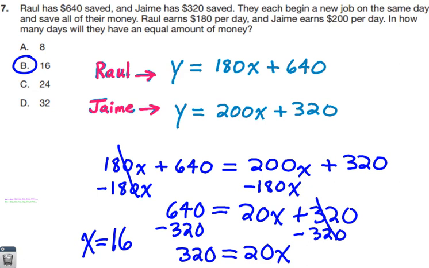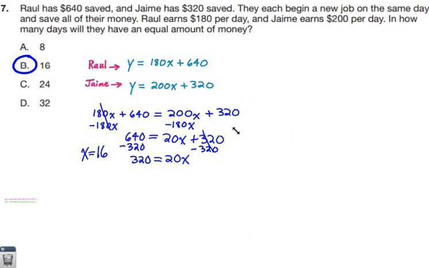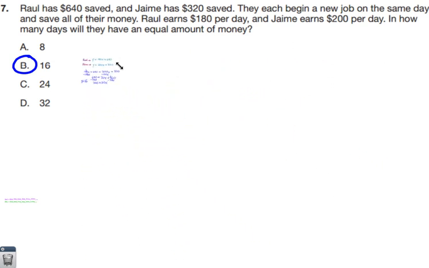Set up a couple of equations, set them equal to each other. But it's worth pointing out that there's another way to do this: make a day-by-day account of each one's money.